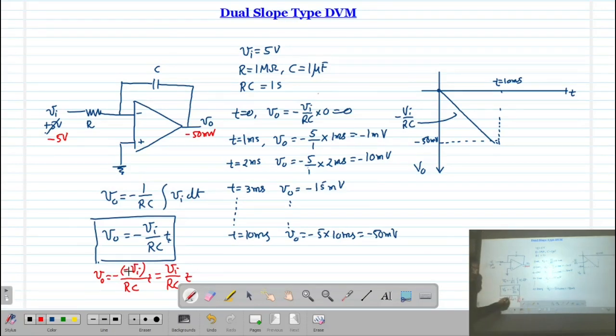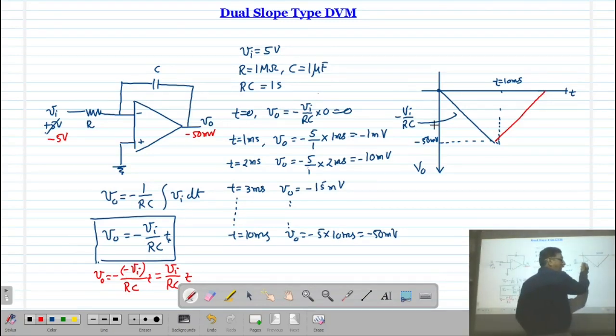Correct? The negative input voltage is there. So now the slope of the graph will be positive. Remember. So here if you put different values of T and calculate, then your output voltage will increase in this way. Here we have a negative slope.